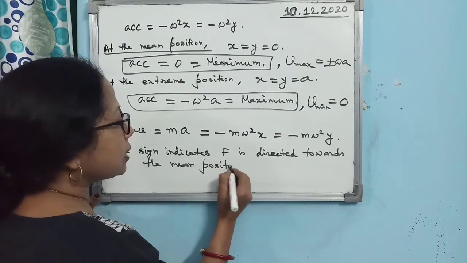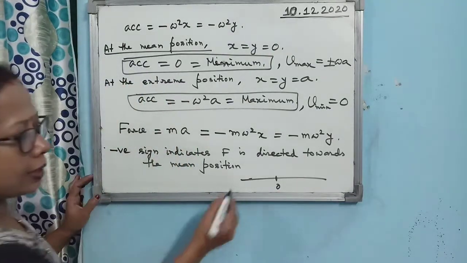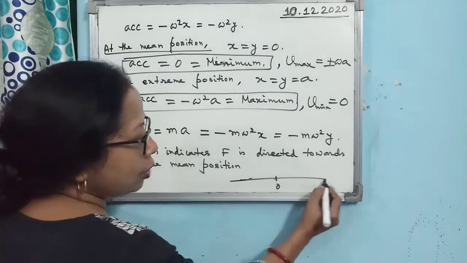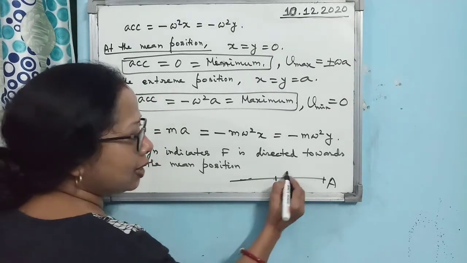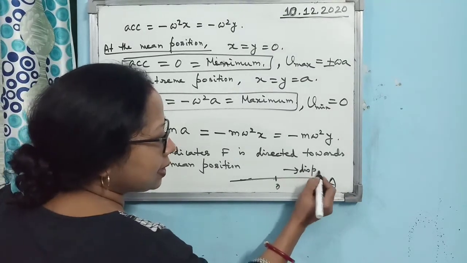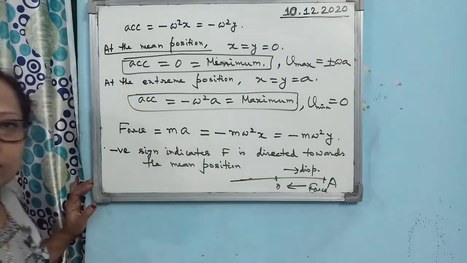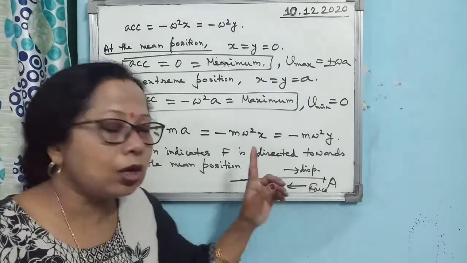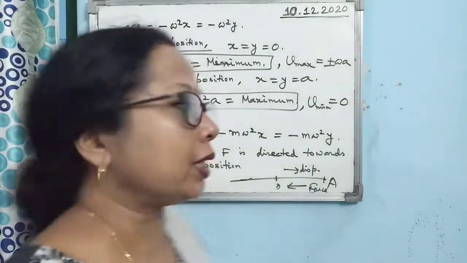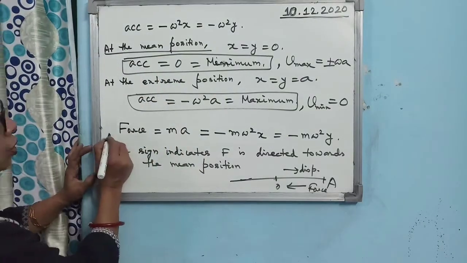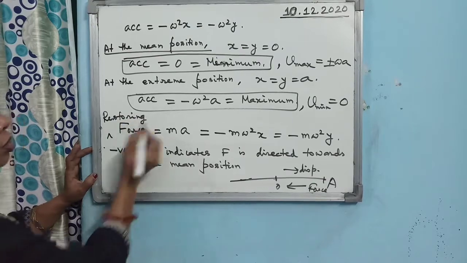Just consider the particle executing SHM, started from O. When you are taking the particle from O, you are displacing the particle. So if the displacement is in this direction, then force is acting towards the mean position. Alright, so you see, force is always trying to restore the mean position. That's why this force is also known as restoring force.